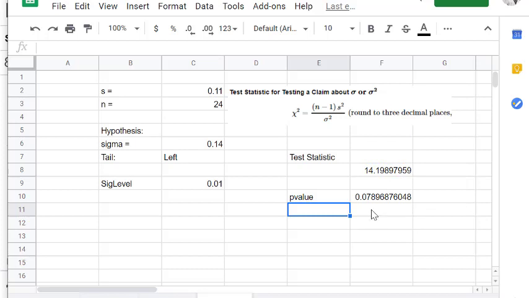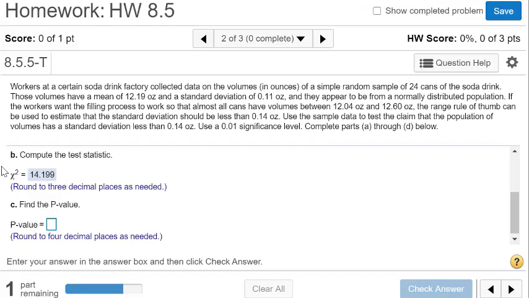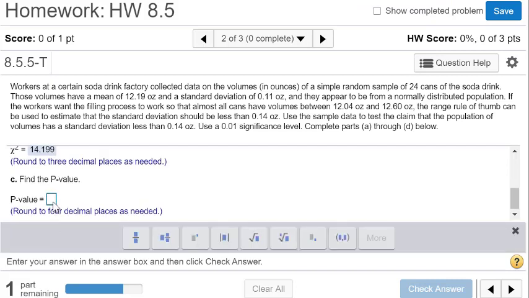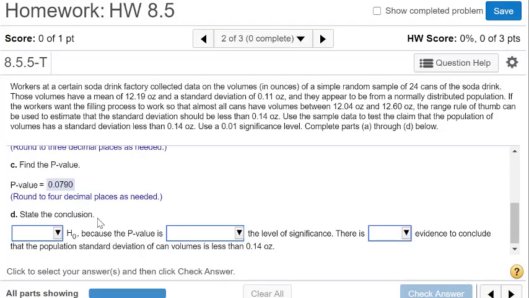And then we're going to have our p-value of 0.0789. They want us to round to 4 decimal places. 6 is bigger than 5, so we'll add 1 to the 9, and that would actually make this a 90 instead of an 89. So that's rounded off to 4 decimal places.